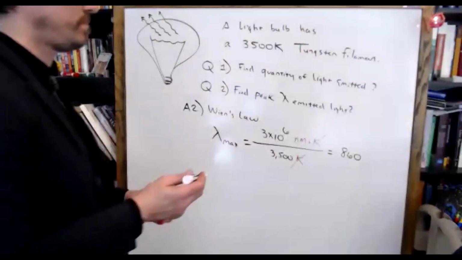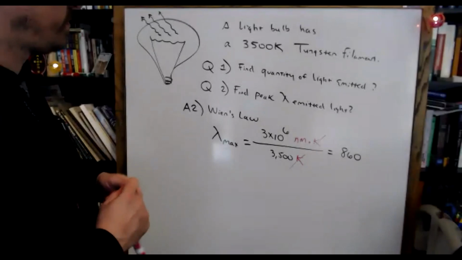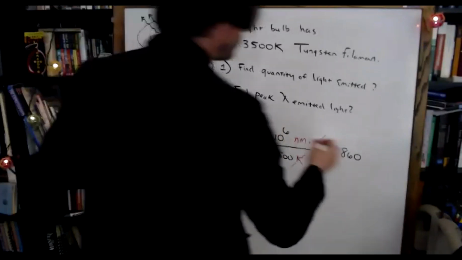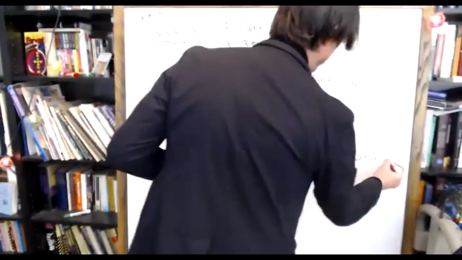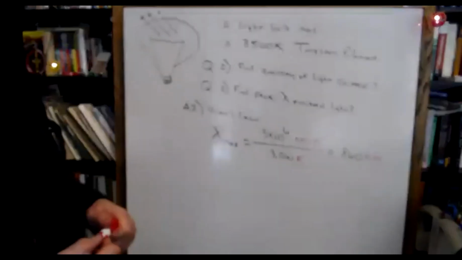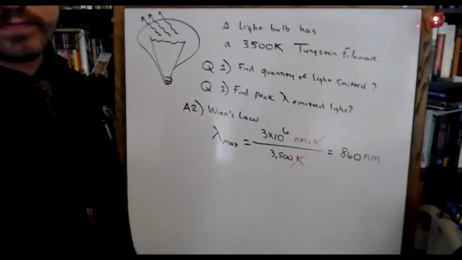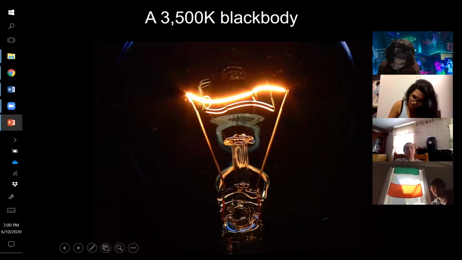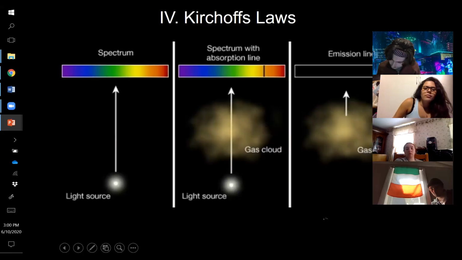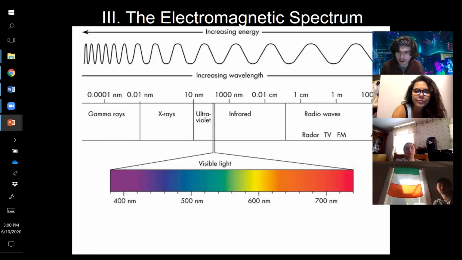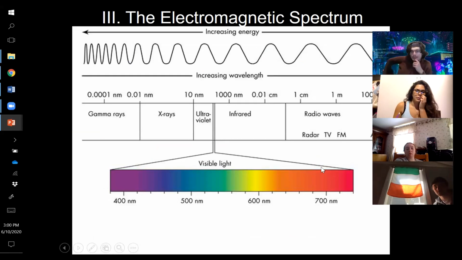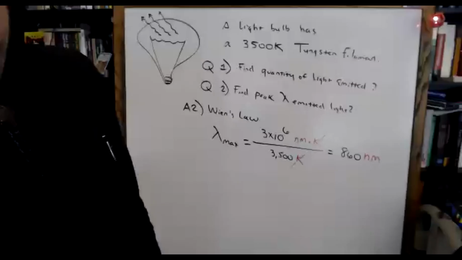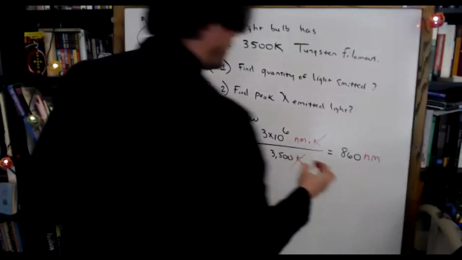What are the units? Nanometers. What regime of the electromagnetic spectrum is 860 nanometer light found? Let me refer to the notes. That'd be IR. Yeah. Tungsten filaments actually peak just past the visible in the infrared.